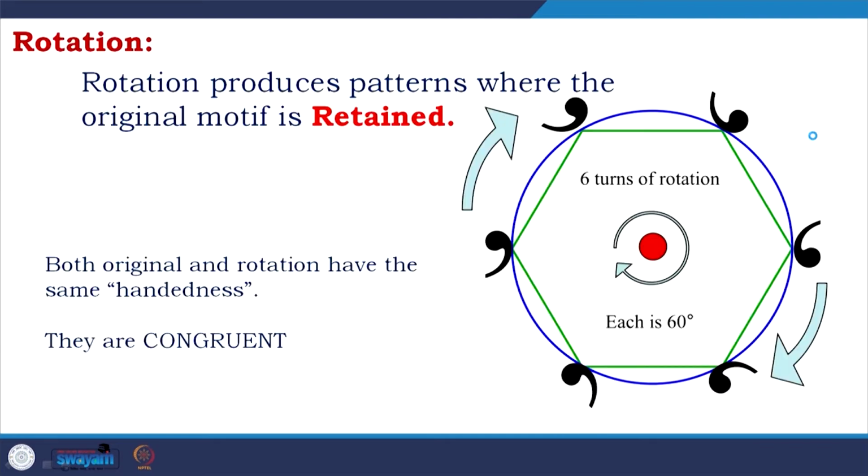Rotation produces patterns where the original motif is retained. If you see the original motif, as I was talking about the hexagon here, in each case it is six-fold. So, 60 degree rotation, and both original and rotation have the same handedness and they are congruent. What is congruent?